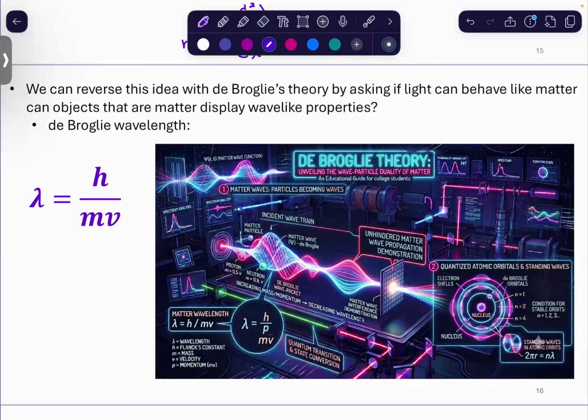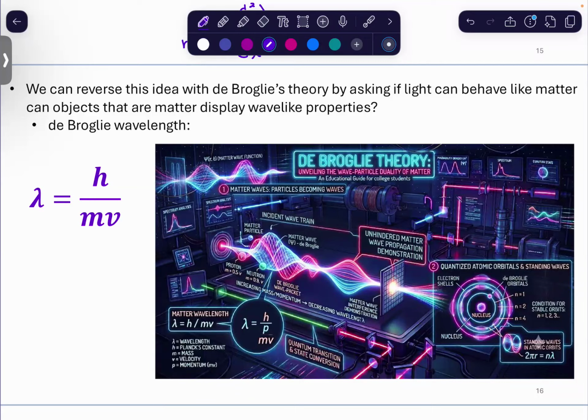It's just that its wave properties are so tiny compared to its mass and its size that it falls under classical physics. And so here again, you see this idea of protons, neutrons, particulate matter becoming waves, and it depends on the situation. They're going back and forth.